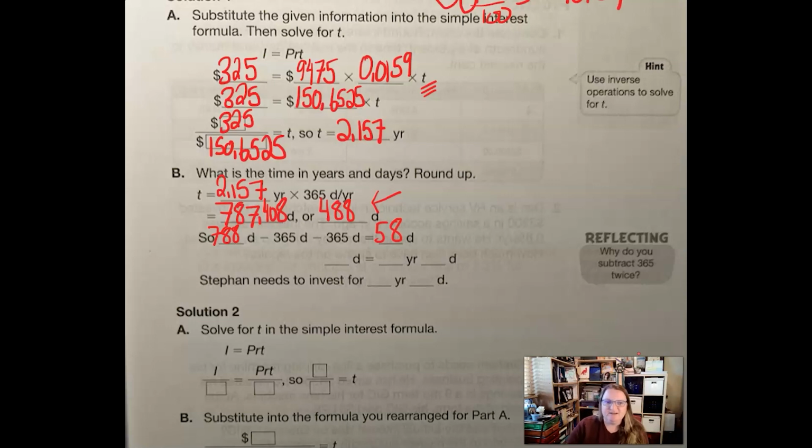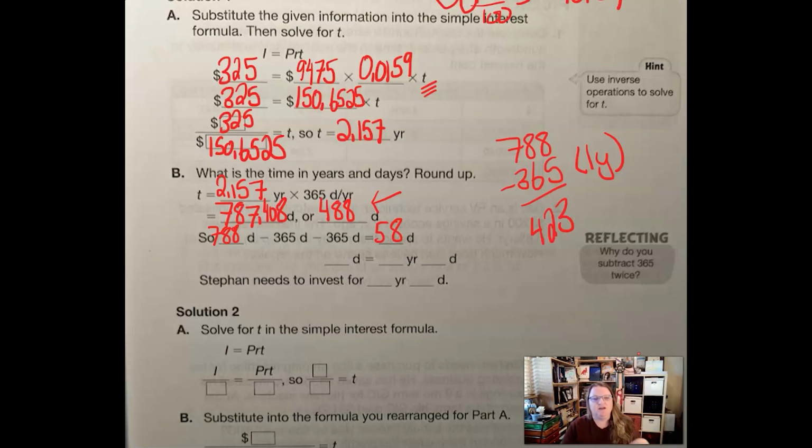There are 365 days in a year, so they're trying to get down to how many days are left outside of that. So 788 days, if you subtract 365, which is the same as 1 year, you are left with 423. That's still bigger than a year. So long as your number is more than 365, you have to take another year off.